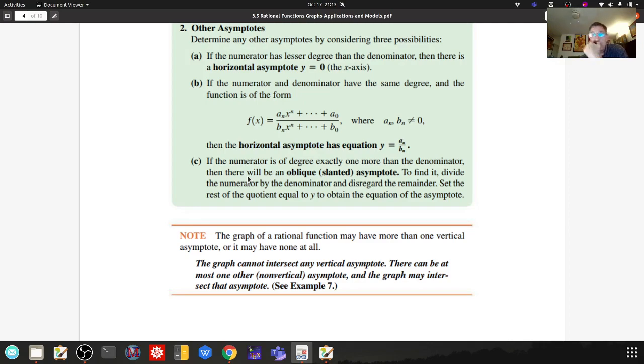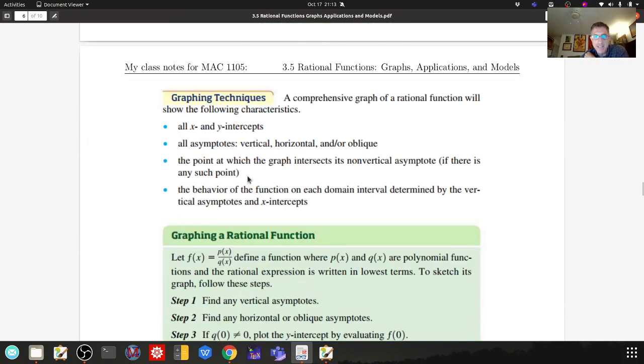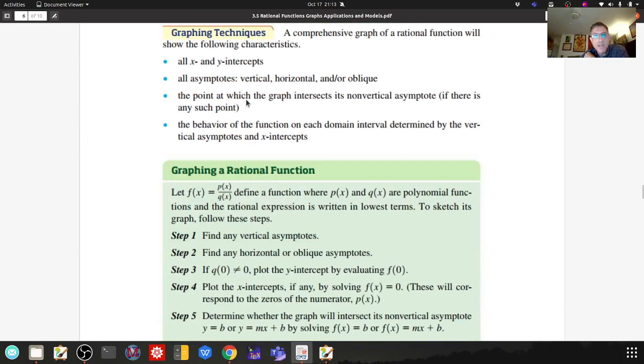So let me go back. Oh, well, it doesn't tell us how to do that. So we go back. I thought it was in that list. So the point at which the graph intersects its non-vertical asymptote, if there is any such point. So let me talk about that right there.